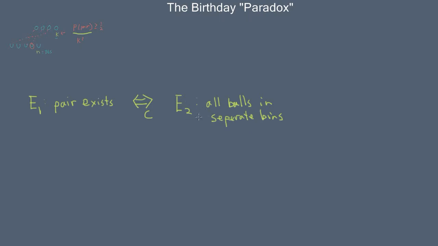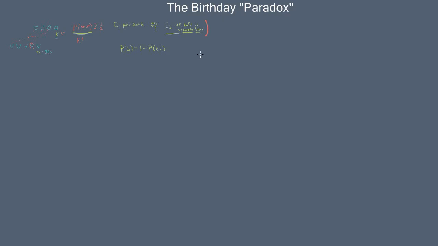And this event is easy to count, and so we have the probability of E1 is equal to 1 minus the probability of E2. So let's look at this E2, the probability that all balls in the first k balls are in separate bins. There are a number of ways to express that probability or to analyze it.